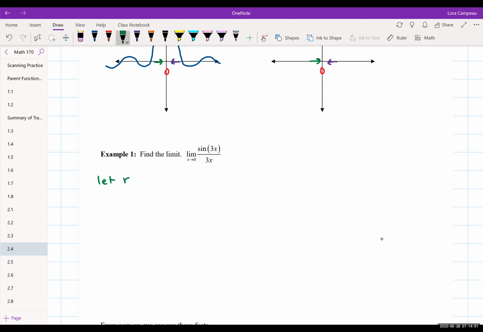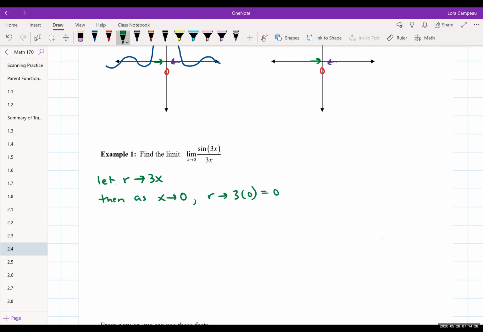They let R approach 3x. So if that's the case, if R approaches 3x, then as x approaches 0, R will approach 3 times 0, or 0.